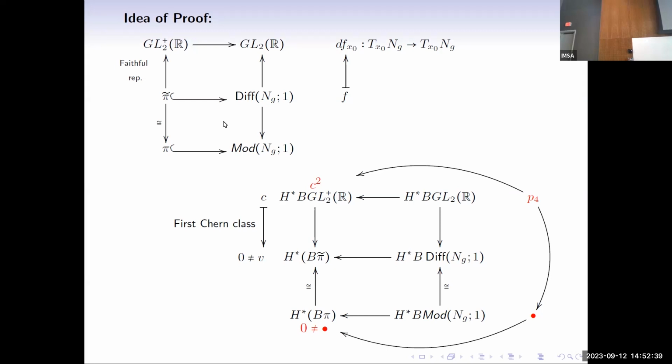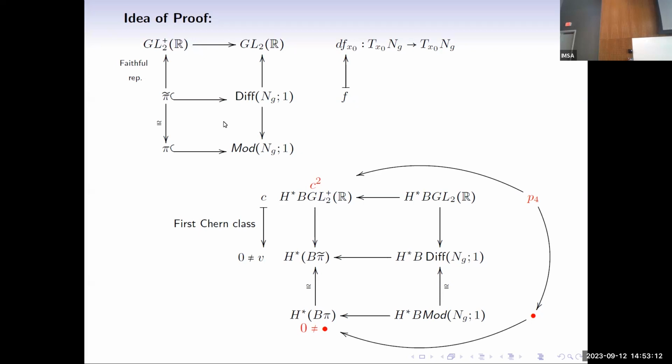So now you can pass to classifying spaces and cohomology, and we know what happens in cohomology between GL2 plus and GL2, and the thing is that there's a class in dimension 4 that hits the square of the Chern class of BGL2 plus, right?